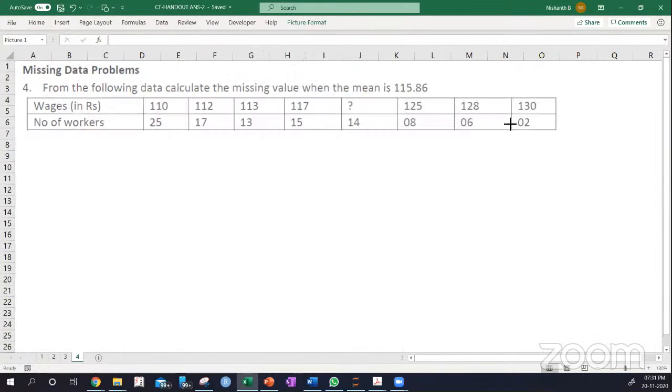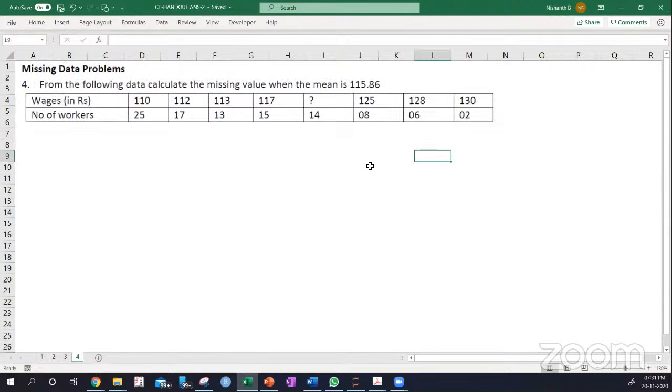But whenever you're supposed to find the missing value, you would have always been given some additional data. And you can see here, I've already given that the mean is 115.86. So you just need to do it in the same way, like how you did for the previous problems, and you'll get your answer. So this is wages.